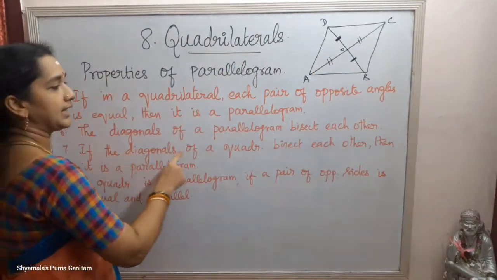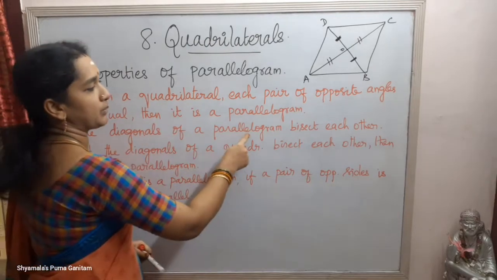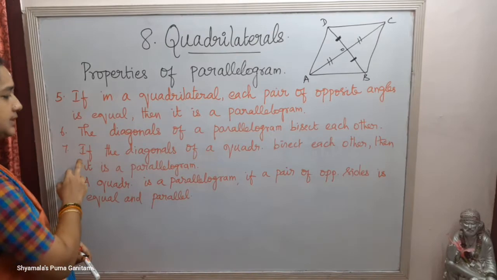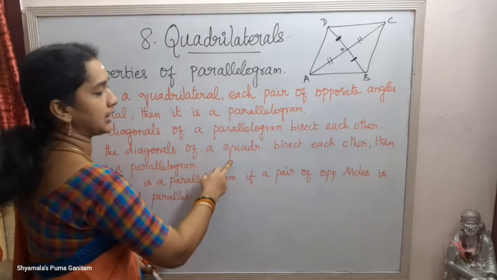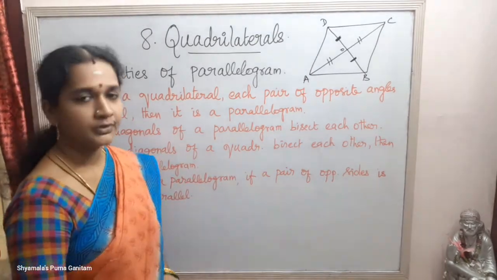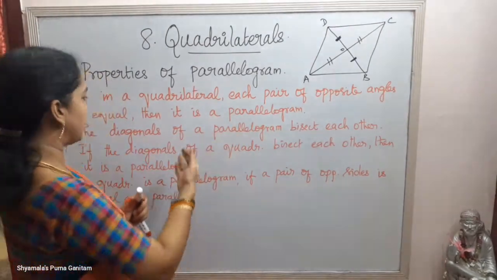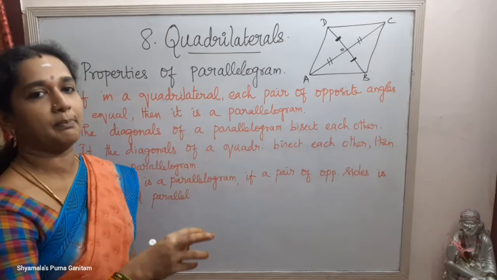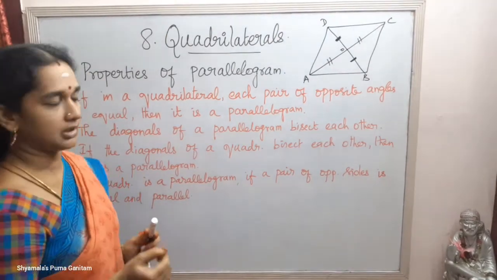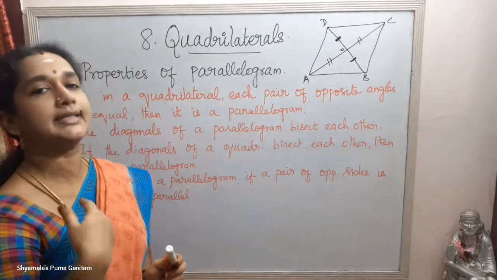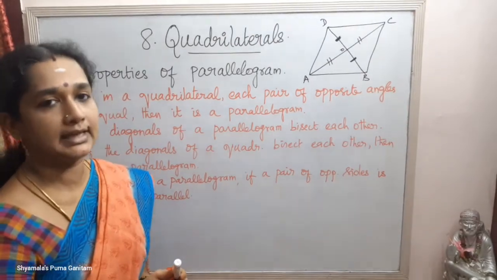Then the next property is, if the diagonals of a quadrilateral bisect each other, then it is a parallelogram. This is the converse of the previous property. In the previous property it is given that the diagonals of a parallelogram bisect each other.